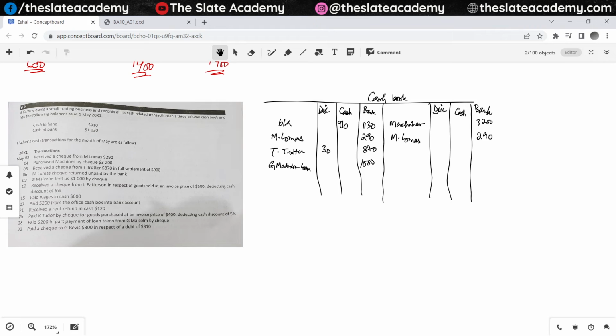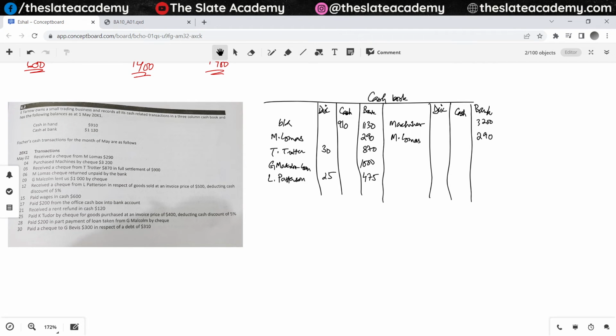The check would be for 500 into 95%, 500 into 0.95, which is 475. This is the check received. Discount allowed 5%, 25. And this would be L. Peterson.